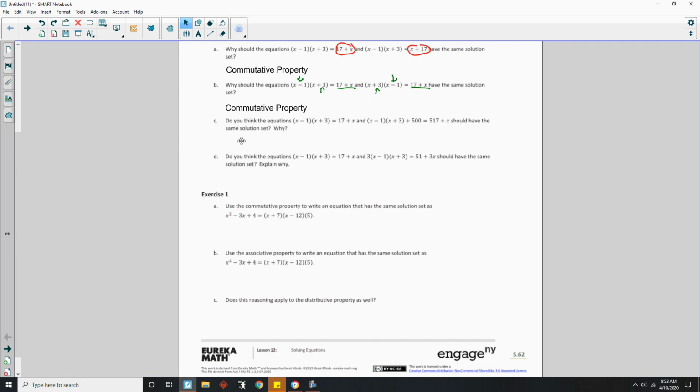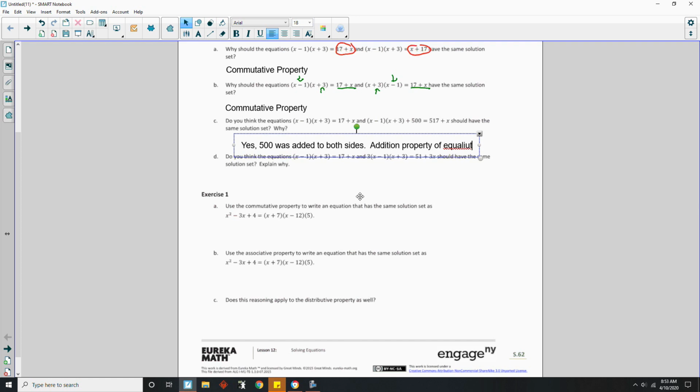So the answer to this question, we would say yes, 500 was added to both sides. So that is called the addition property of equality, if you need to know that. You do. Addition property of equality. What you do to one side, you do to the other.